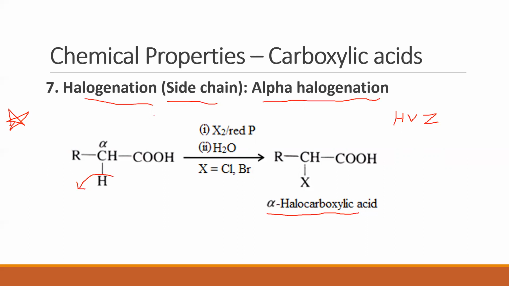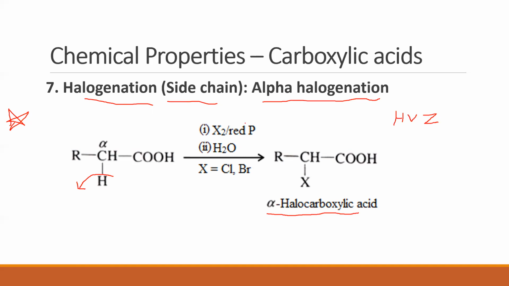Now we call this a side chain halogenation because hydrogen from the carboxylic acid is not being replaced. It is hydrogen from the R group that is attached to the carboxylic acid that is being replaced, and this is specific to the alpha carbon. Alpha hydrogen is removed, giving us alpha halocarboxylic acid.